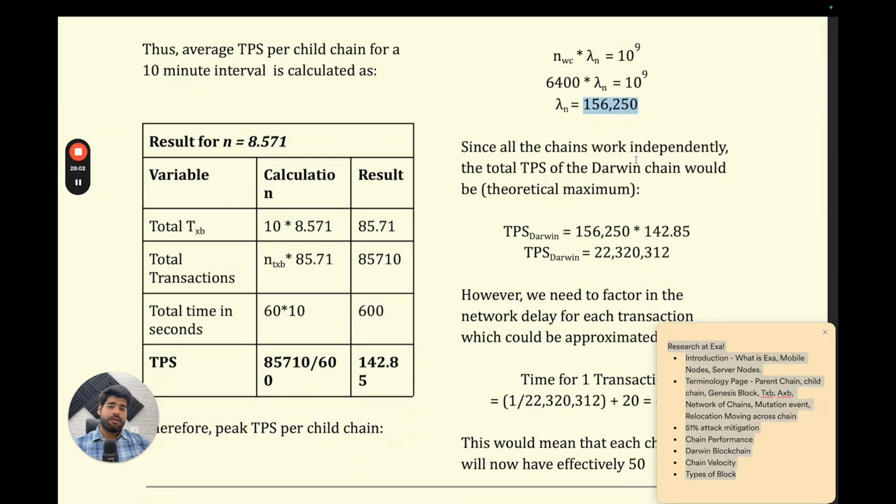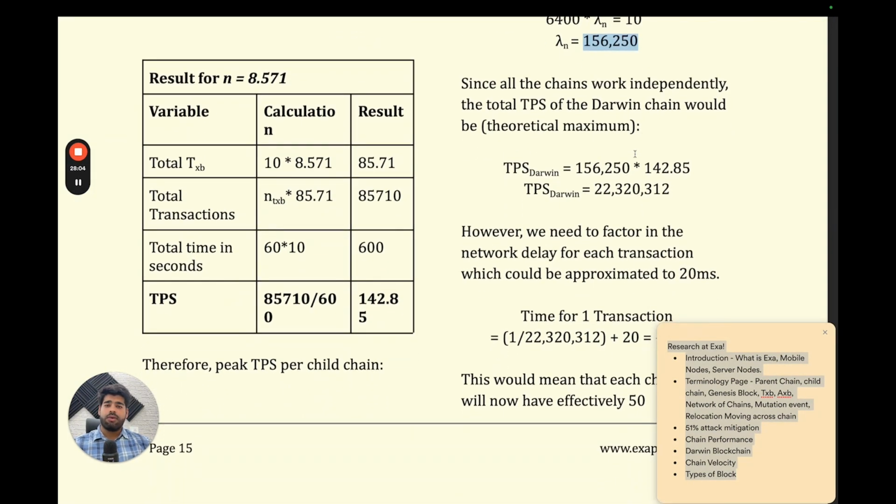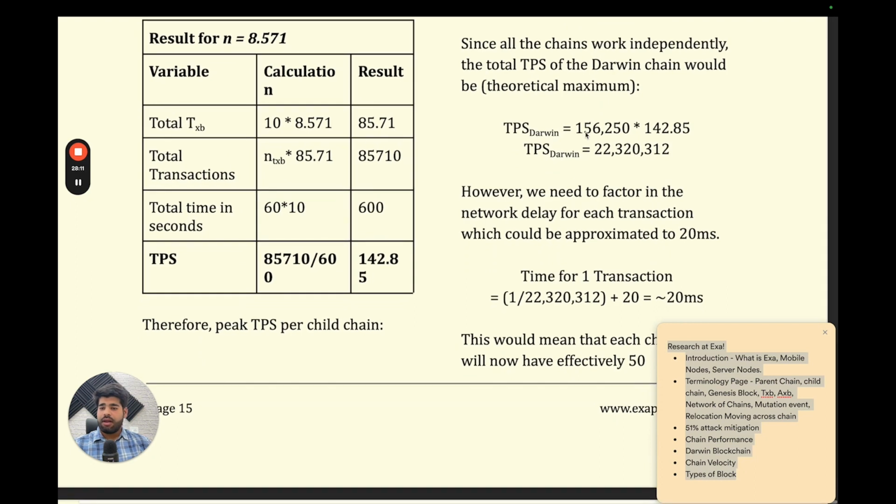Now, since all of the chains work independently, the total TPS of the Darwin network, again a theoretical maximum, would be 156,000 times 142, which gives the TPS for the Darwin network to be around 22 million TPS.